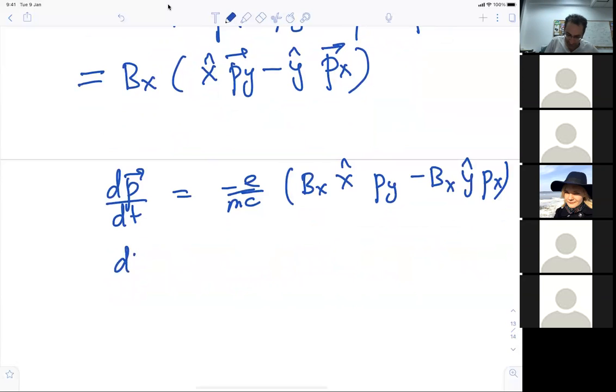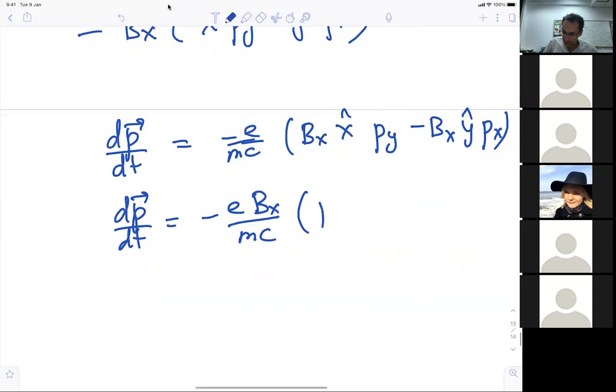So dp dt is equal to minus e Bz over mc times py times the vector in the x direction minus px times the vector in the y direction.